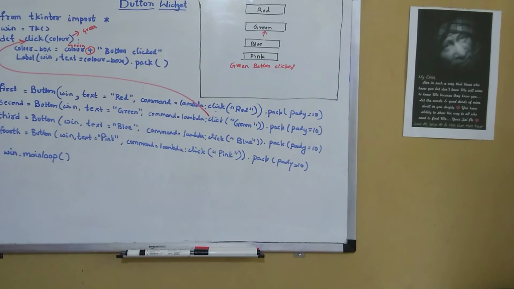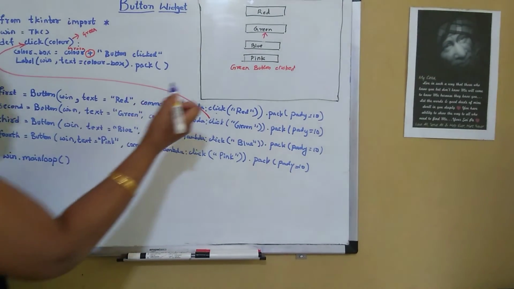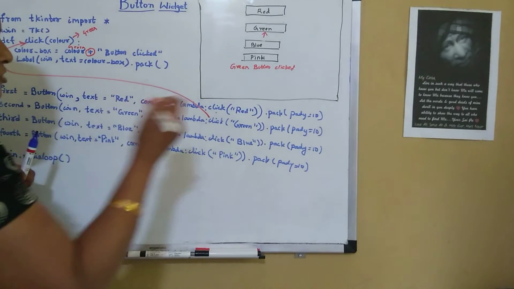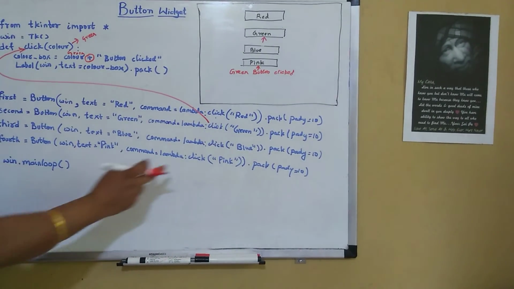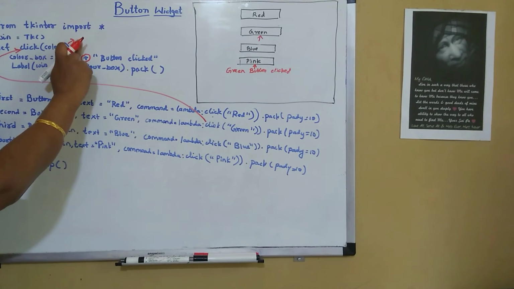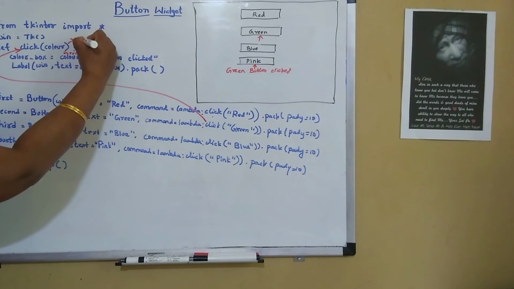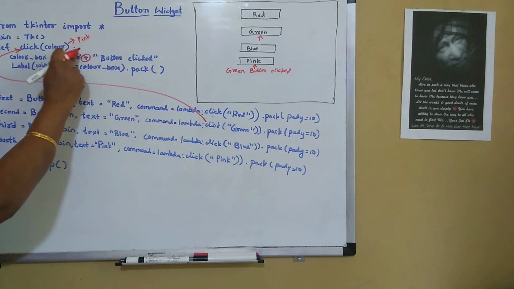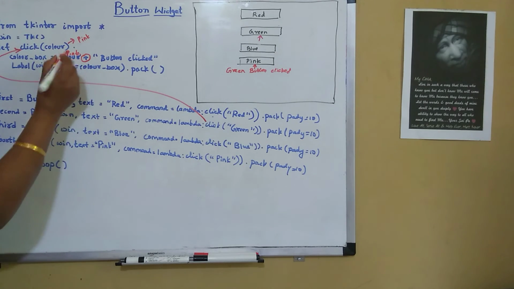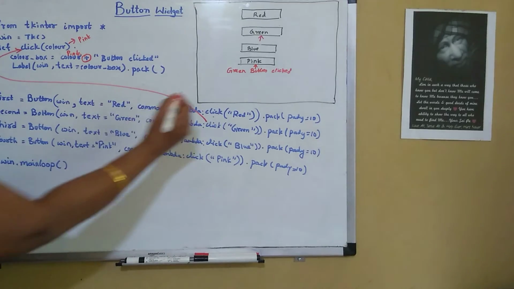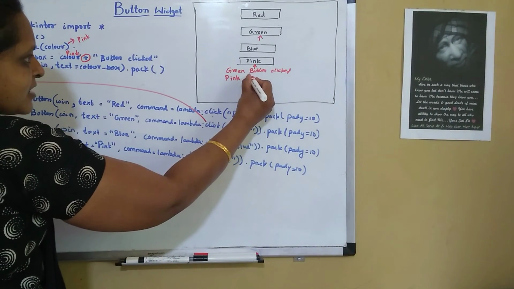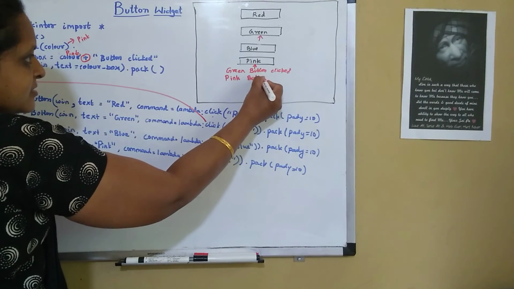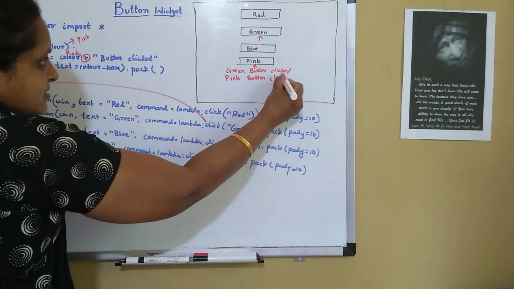And now if I click on the pink button, the pink argument will be passed to color. So color will now have pink and instead of green, it will be pink. So it will create another label and it will say pink button click.